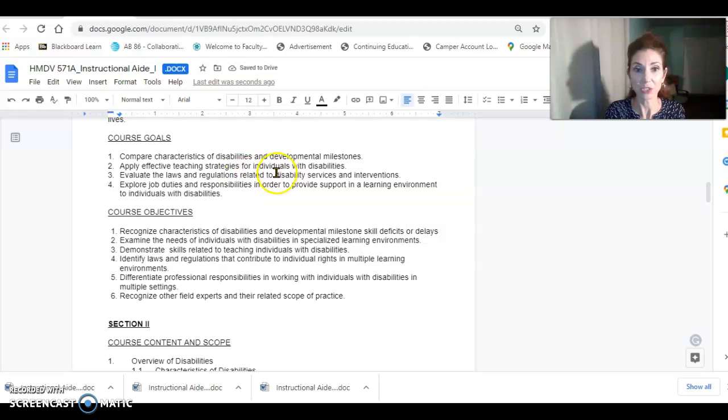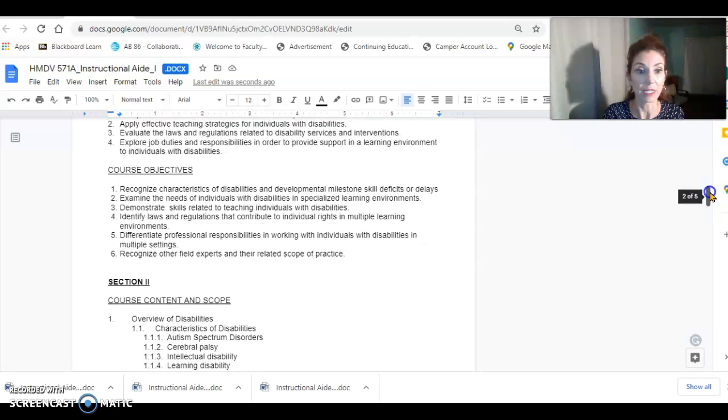Applying effective teaching strategies for individuals with disabilities, evaluating the laws and regulations related to disabilities, services, and interventions, and then exploring job duties and responsibilities for all of those who provide support in that learning environment.